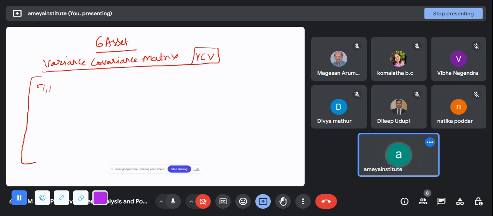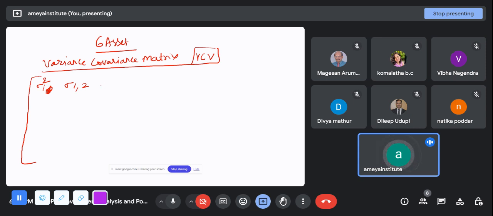Can I write 1 comma 1 like this, the standard deviation of 1 two times, so it becomes a square? Got it? Second, in the same line, the standard deviation of 1 comma 2, the first asset with the second asset, correct?